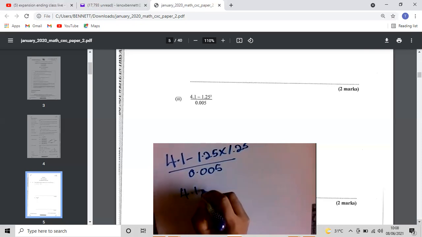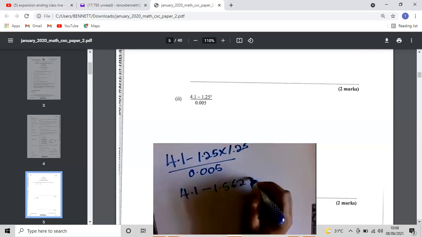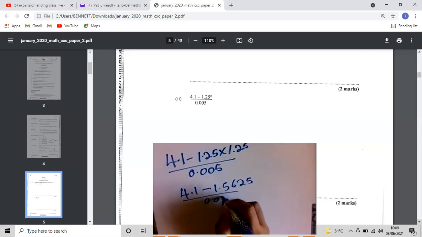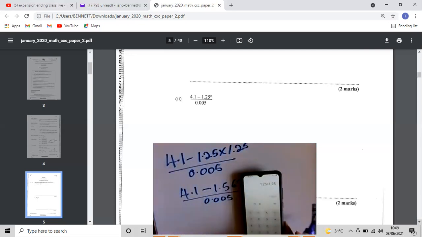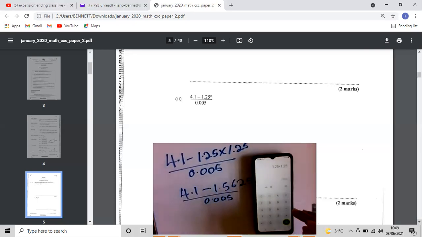So it's 4.1 minus 1.5625, and if I get the equal, just divide by 0.005.